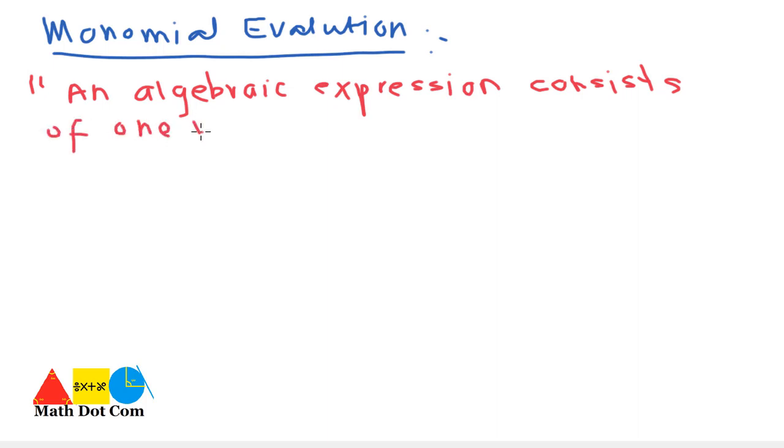So any expression that has only one term that is non-zero will be a monomial expression.